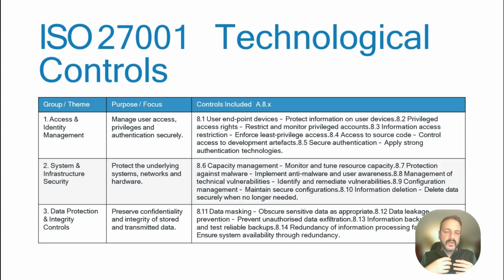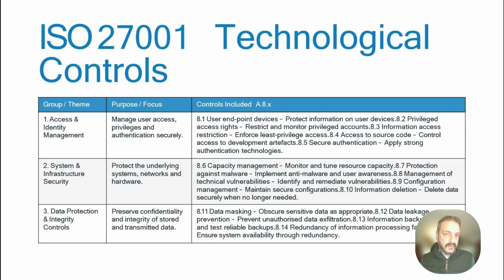So these aren't a part of 27001 in terms of the themes that I've come up with, but the controls obviously are. So the first theme that I have created is access and identity management, and this covers 8.1 through 8.5. And we've got things in there like making sure that the endpoint devices are protected.